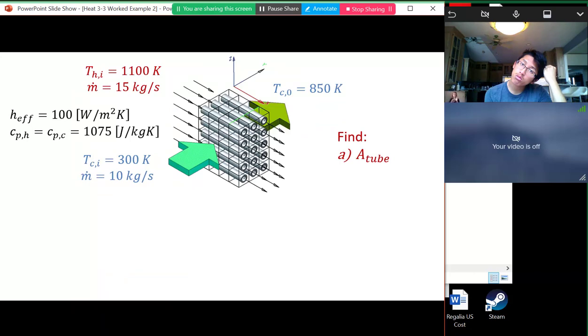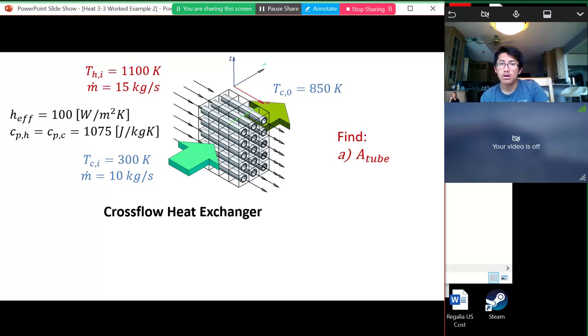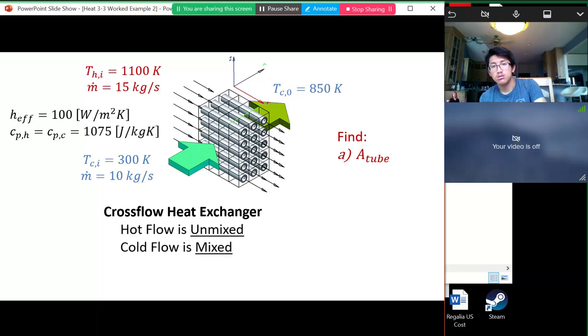This is what the problem looks like. We have a cross-flow heat exchanger. I know that the hot flow is unmixed, or separated into tubes, and the cold flow is mixed, or not separated into tubes or channels.